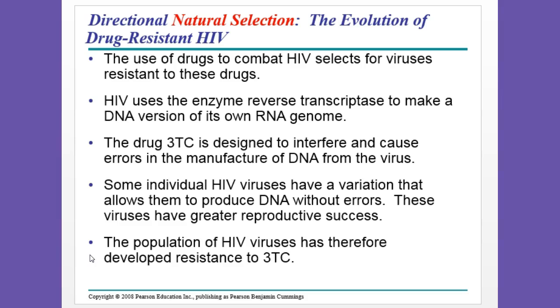So, in order to survive, the virus has adapted the way that it recreates its DNA so that even in the presence of the drug 3TC that is supposed to cause errors, it's now been able to develop a resistance to that 3TC so it won't cause errors even though it's in the presence of that drug. Okay?